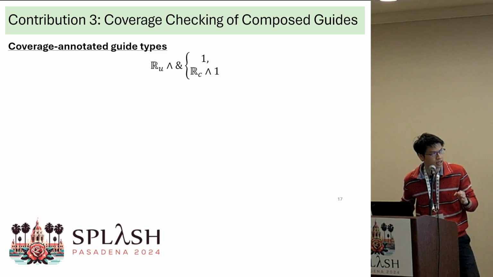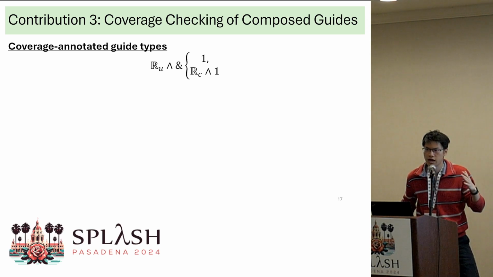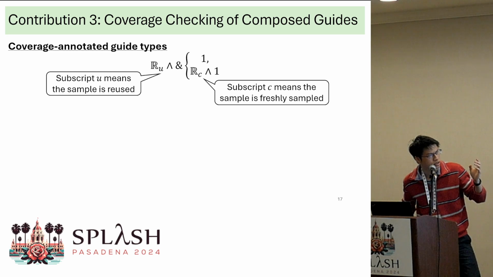And in the interest of time, I will only give a high-level idea of the coverage checking algorithm. But the basic idea is that we first annotate guide types with coverage annotations to track which random variables have been sampled, using subscripts U and C to indicate whether a given random variable is covered or uncovered.